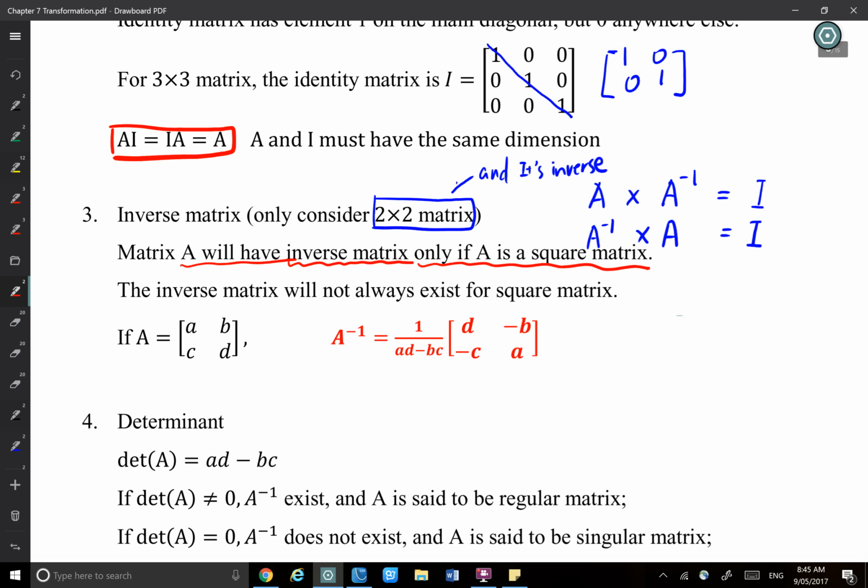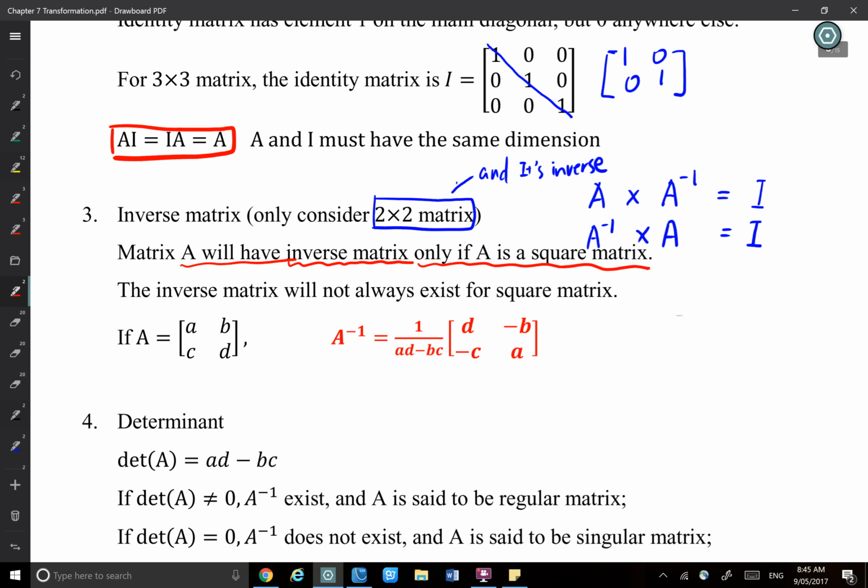So in other words, a 3 times 4 matrix will not have an inverse matrix. Only square matrices will have inverse matrices.